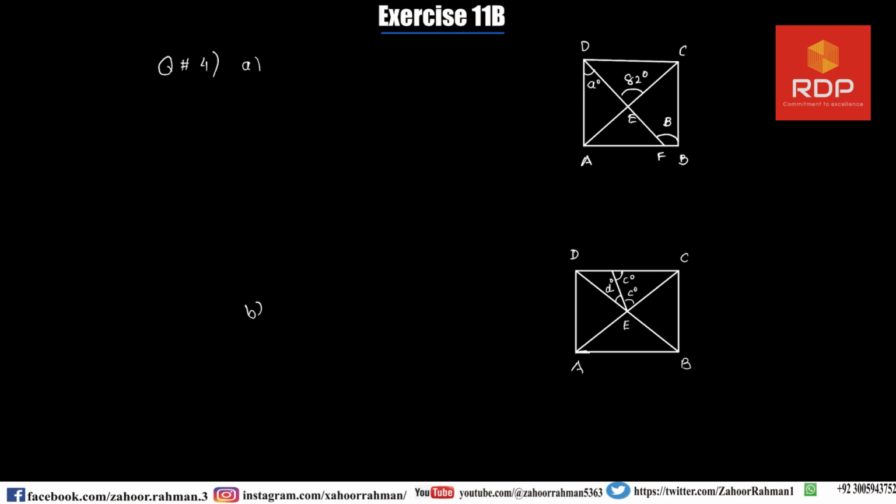So first we have to find this one and then this, and through the triangle's properties, the angle sum of interior angles of a triangle is equal to 180 degree. Now how we will find this?